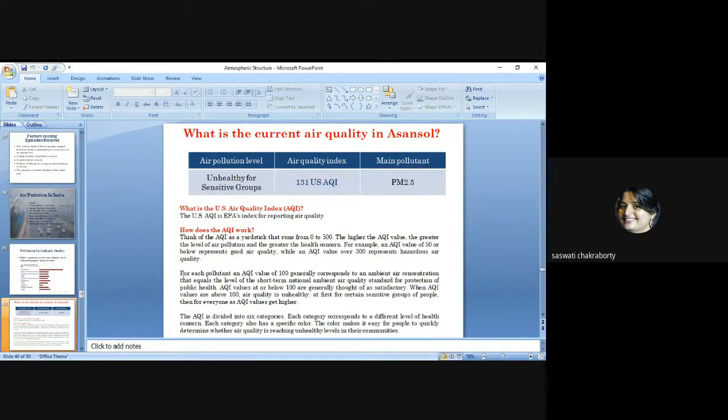So what is AQI? It's a yardstick that runs between 0 to 500. The higher the AQI value, the greater is the level of air pollution and the greater the health concern. Okay, clear?